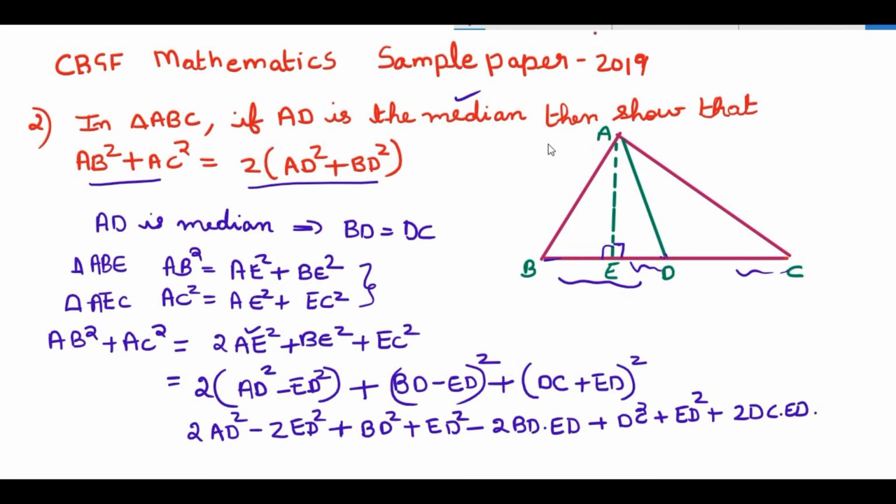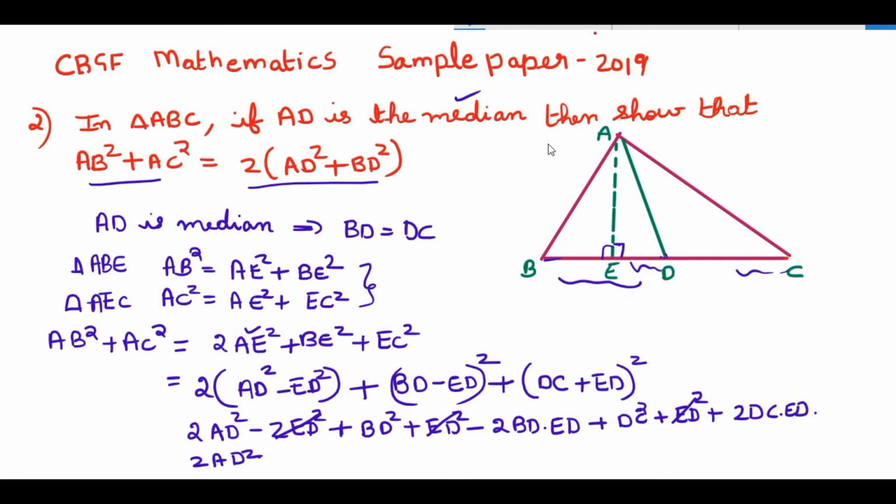So there I have used A plus B the whole square and A minus B the whole square. Now 2AD square, let's see whether anything is there to cancel. ED square plus ED square is 2ED square and this is minus 2ED square. Same way, is there anything else to cancel? Minus 2BD into ED plus 2DC into ED. Nothing is there to cancel.